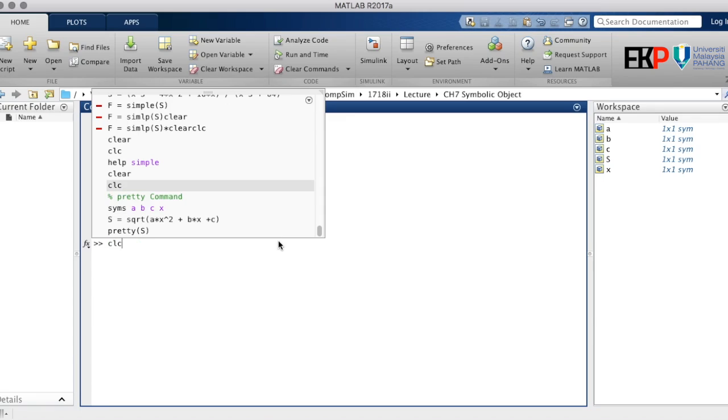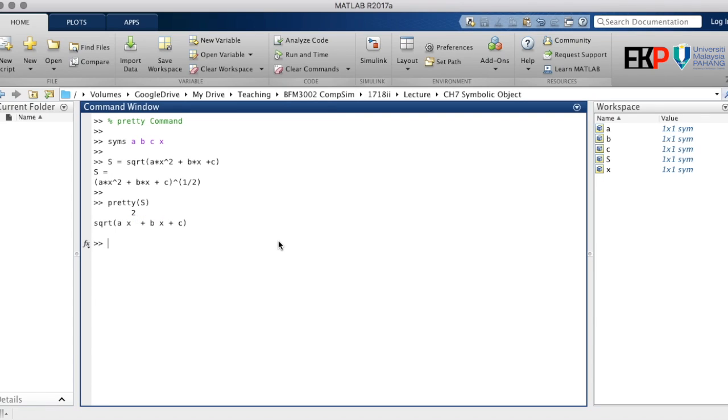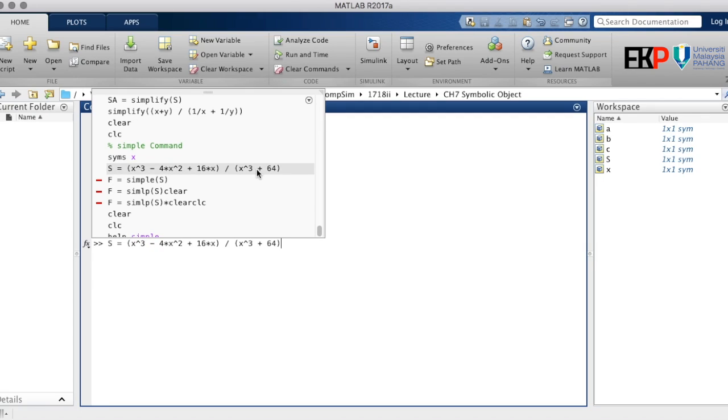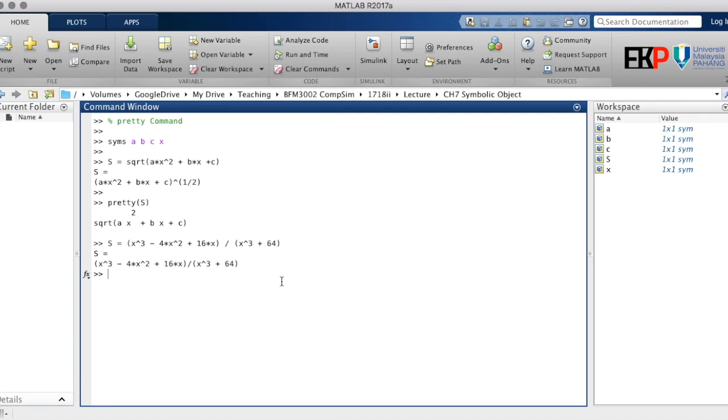We can take a look at another example like what we have previously. For example, this one. Say now S is this, x cubed minus 4x squared plus 16x divided by x cubed plus 64.